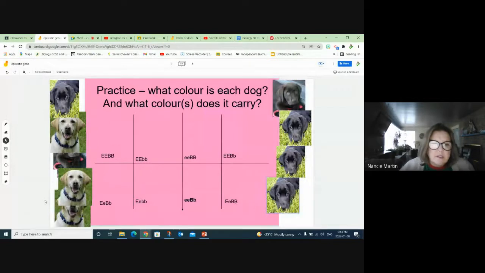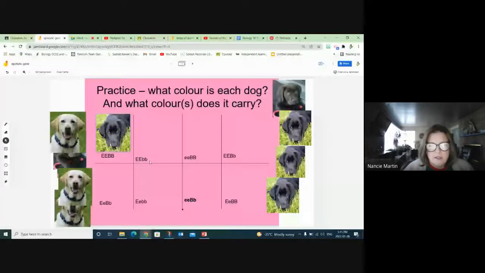Okay, so this one here, I've got EEBB. So you know it's a basic black dog and it's not carrying anything here. So because it's got no little e's. So this is a basic black. So you don't have to do anything else for this one. Just find a basic black puppy and put it in.